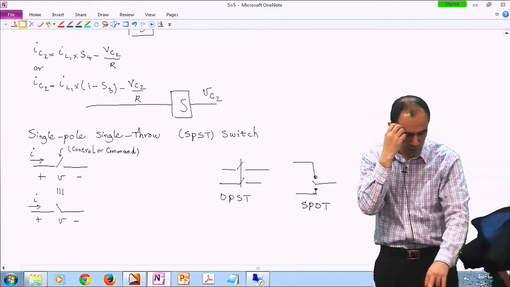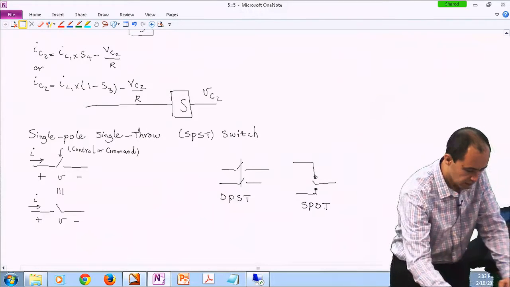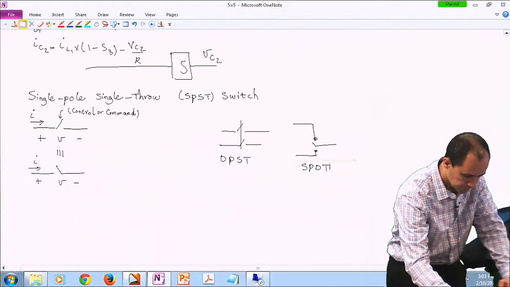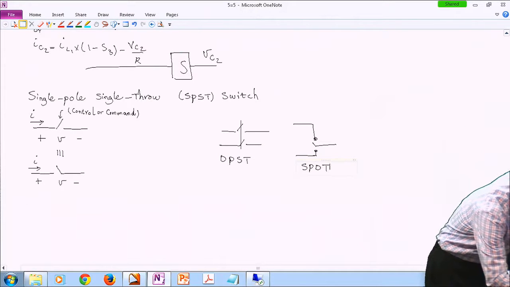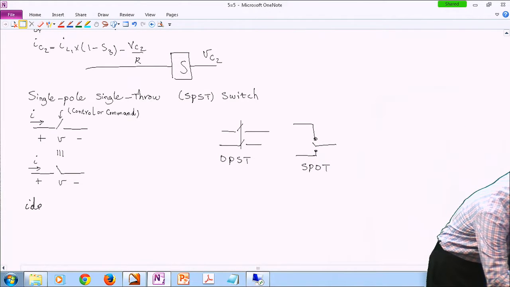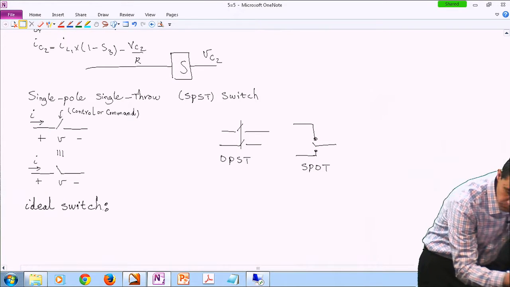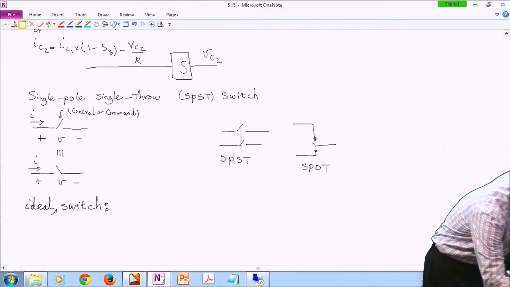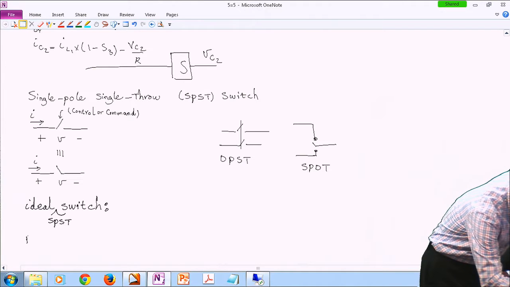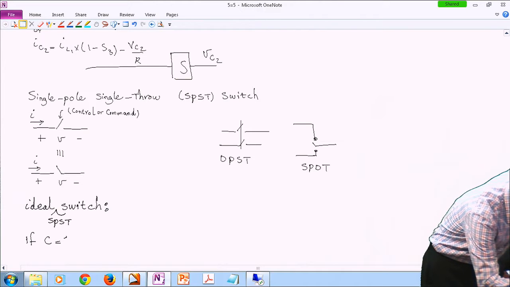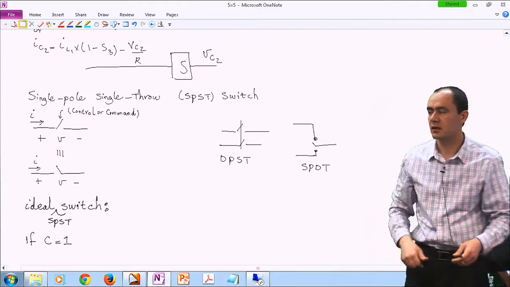Okay. So what do we mean by an ideal switch? An ideal single pole, single throw switch. C or command, sometimes they call it existence function.